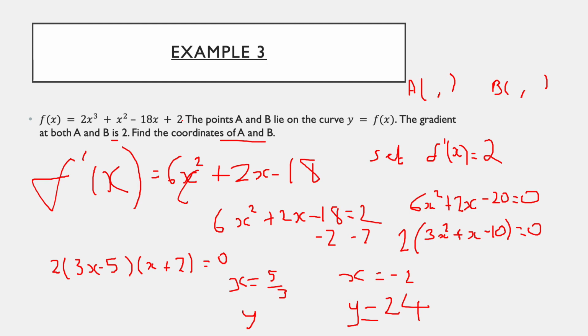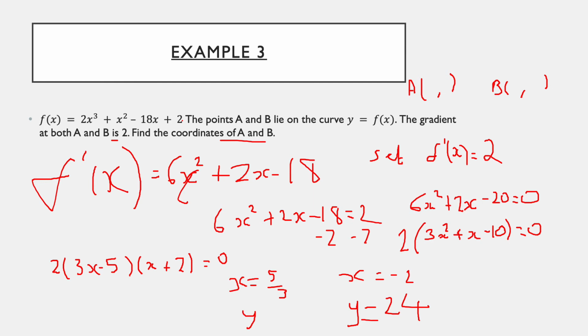And then I'm going to times that by 2, and then I'm going to add 5/3 squared minus 18 times 5/3 plus 2.